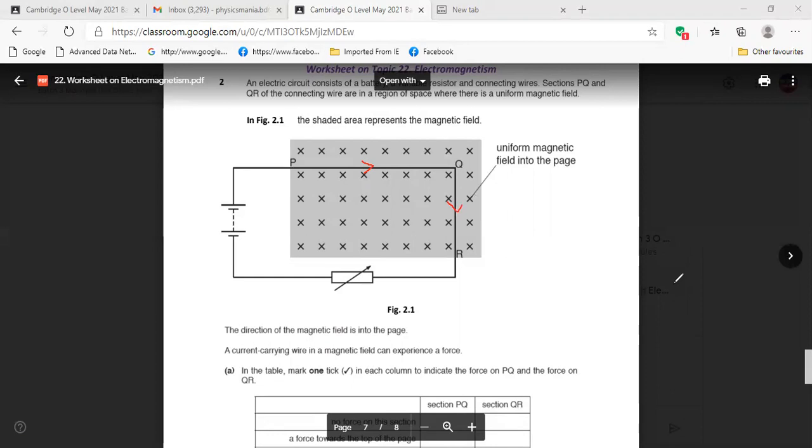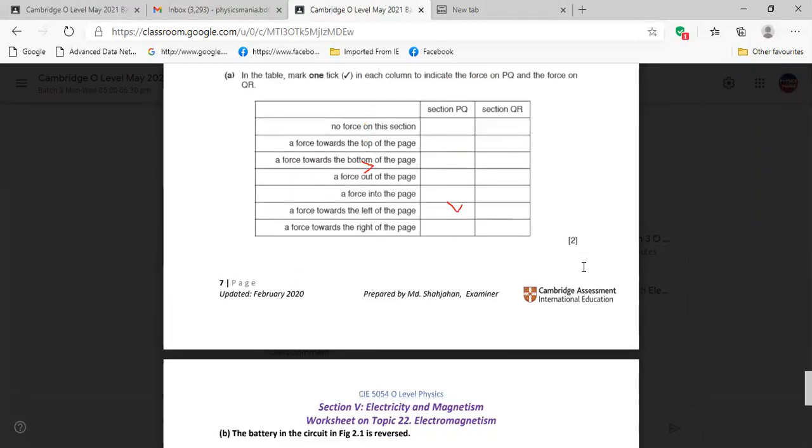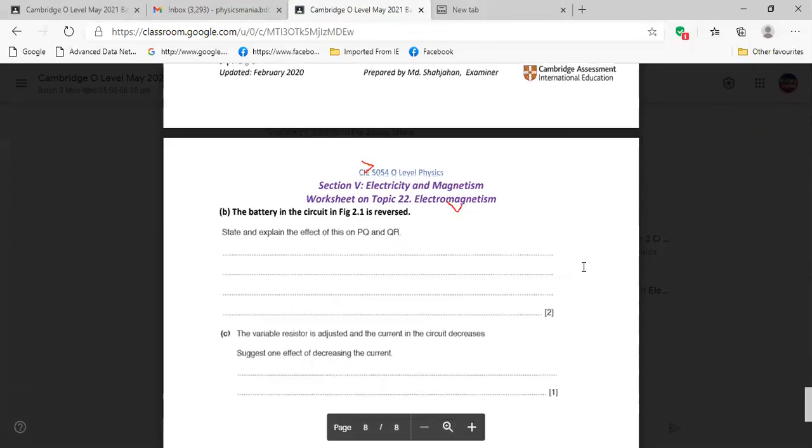Then your answer will be towards the right. So, last one. The battery in the circuit in figure 2.1 is reversed.